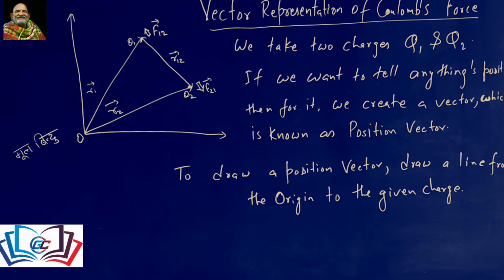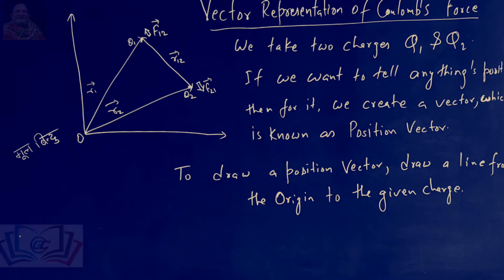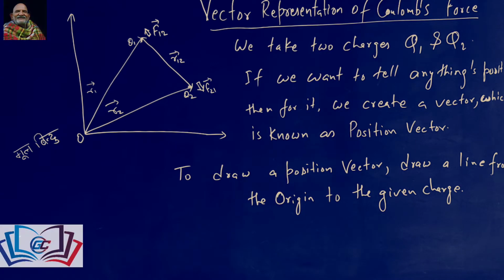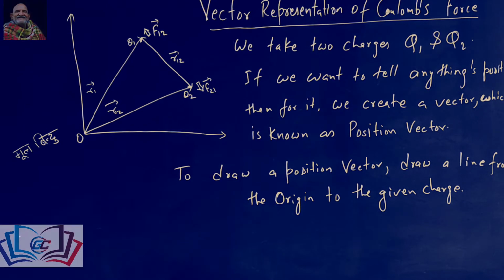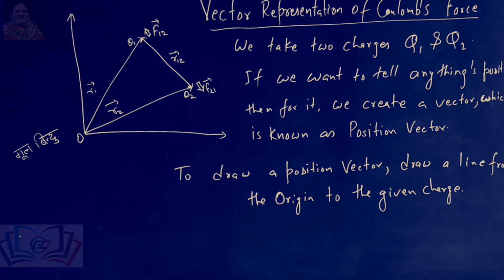Now if we want to tell the position of q1 and q2 from the origin, then we will apply the position vector to describe it. How can we describe the position vector?